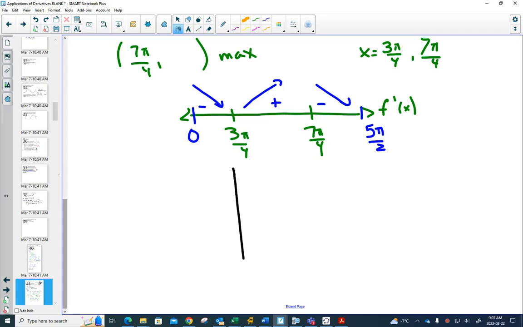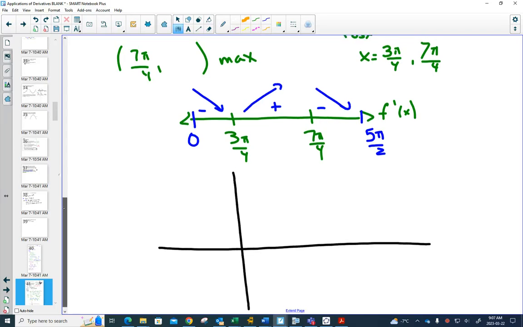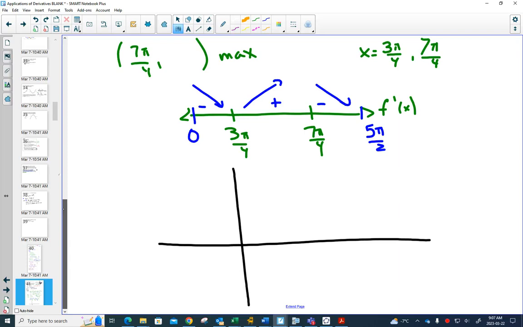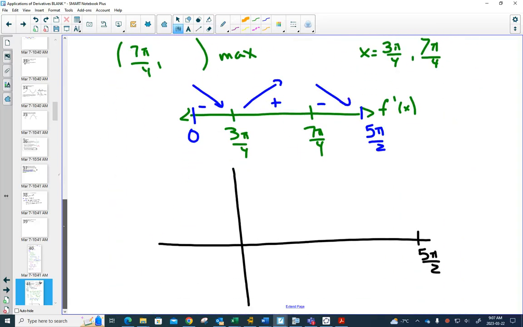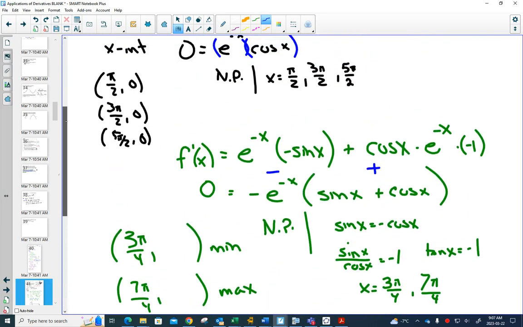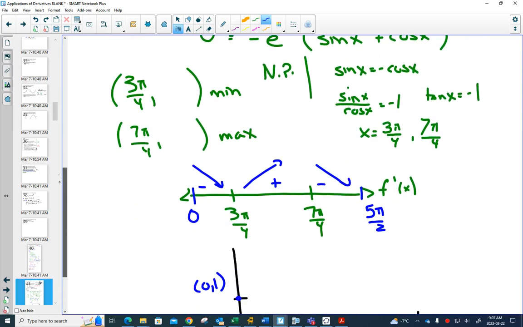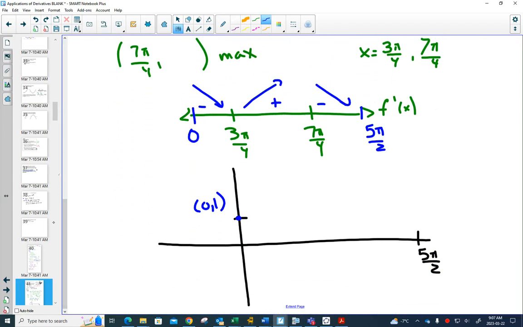So what do we have so far? We have between 0 and, I'm going to just mark, 5 pi over 2 on there. Those are our points. We have a y-intercept at 0, 1. And our x-intercepts are at pi over 2, 3 pi over 2, and 5 pi over 2.